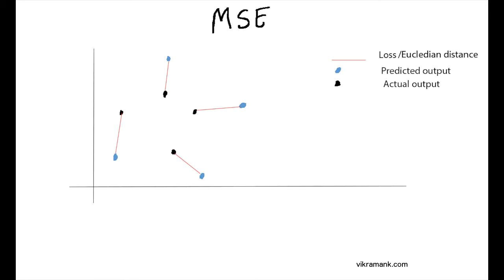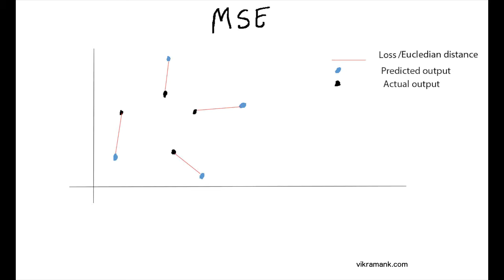Pictorially, it looks like this. Let's say the black color denotes the actual output of that particular example, and the blue is the predicted output. So we are calculating the distance between the predicted and the actual output.